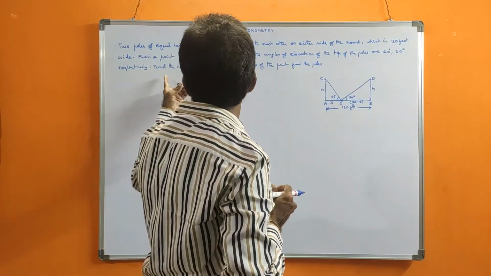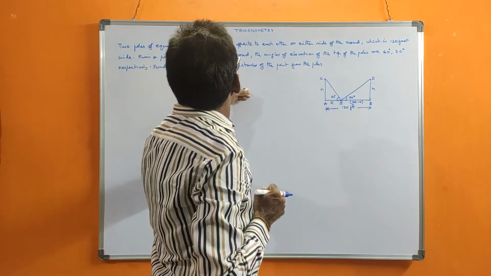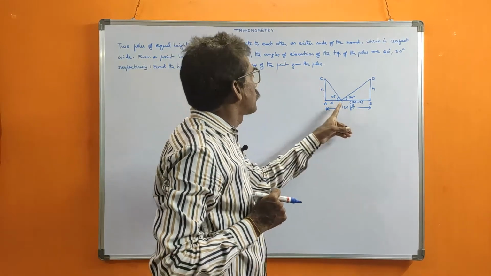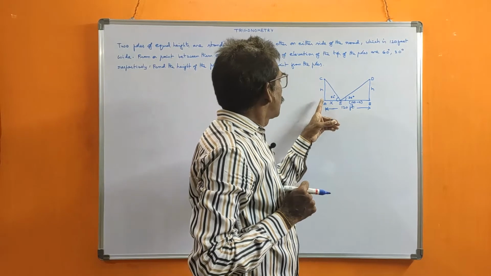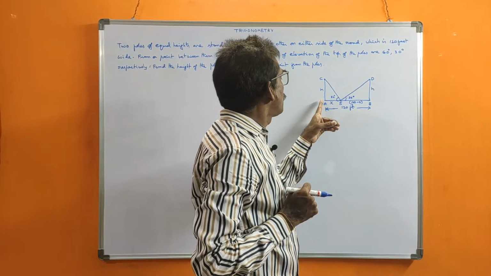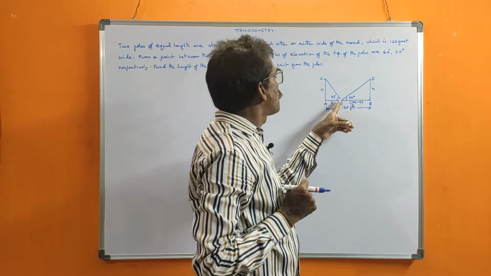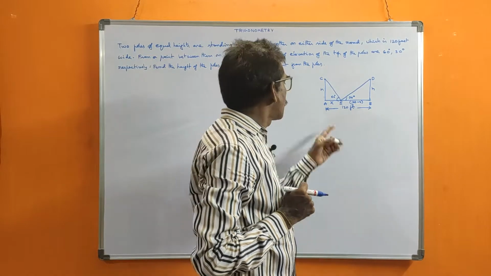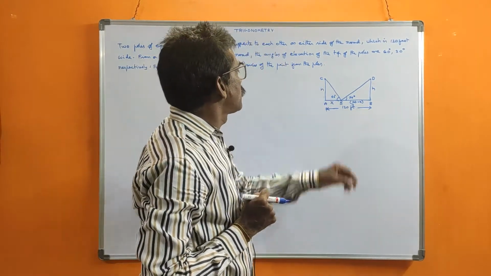Then what he is asking: find the height of the poles, the H value, and the distances of the point from the poles. The distance of this point from this pole, how much is it? That means the X value and the 120 minus X value we should calculate. That means the AE value, the EB value, and H also.